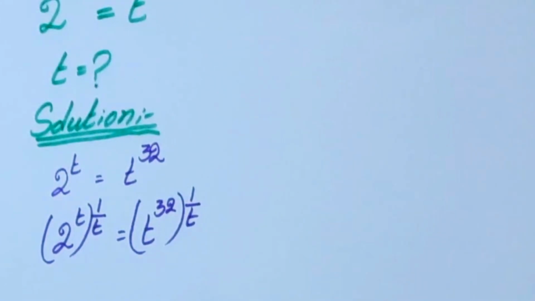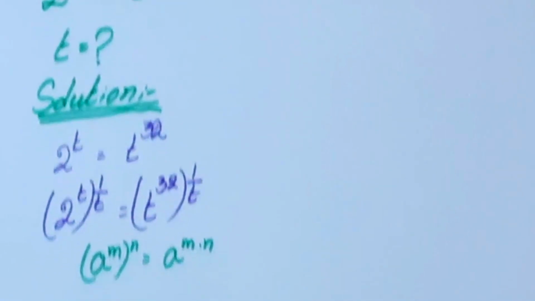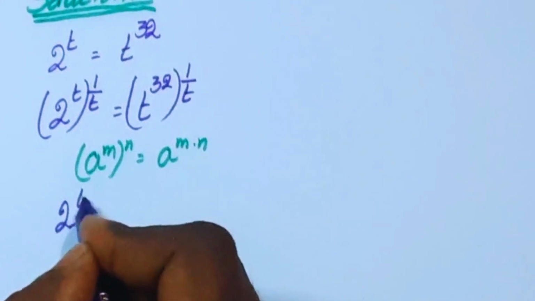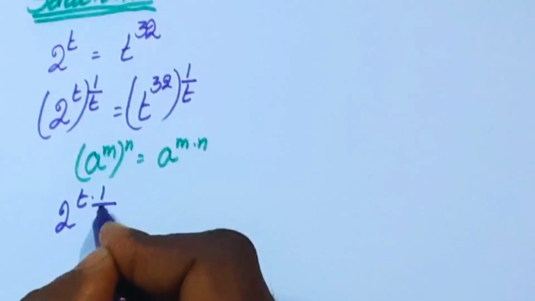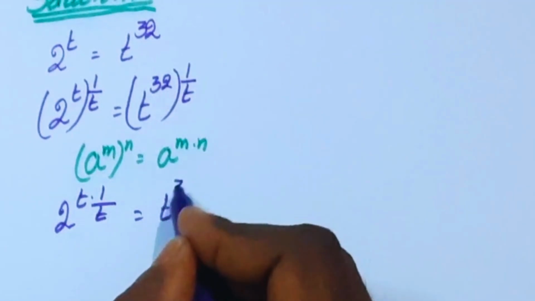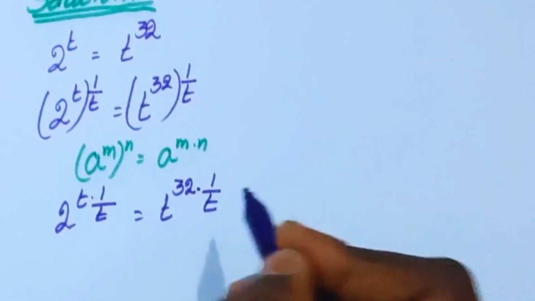Now we are going to apply the exponent identity that (a power m) whole power n equals a power m times n. We are going to apply this here, so we get 2 power t times 1 by t equals t power 32 times 1 by t.